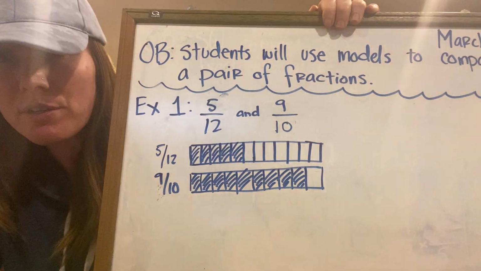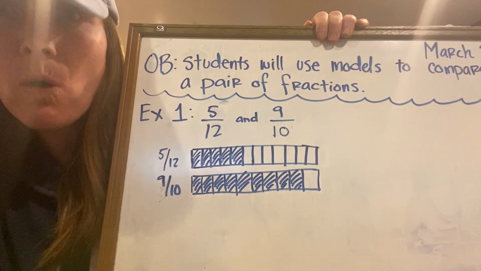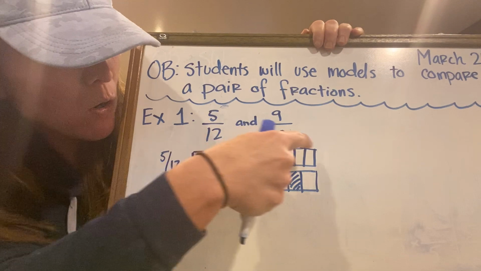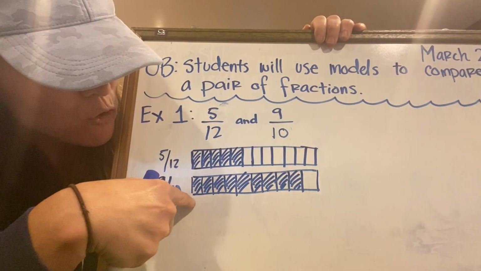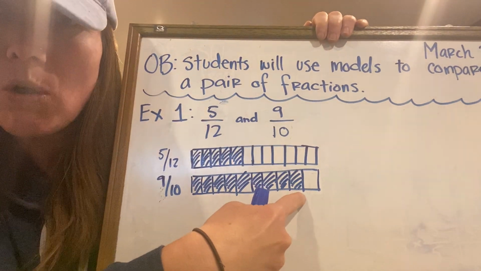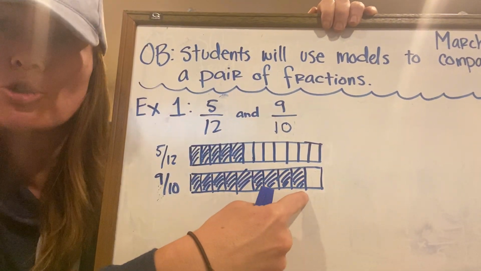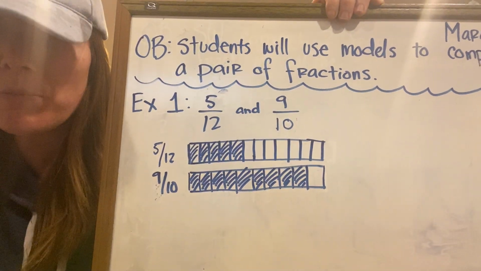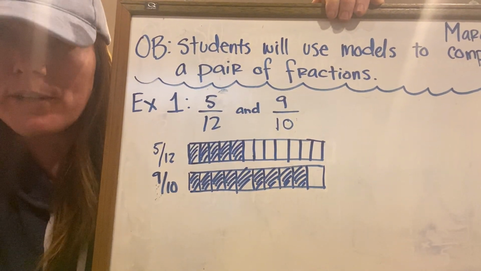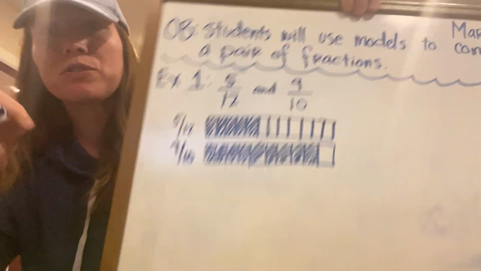Obviously out of a whole, only 5 parts are shaded in, but visually you can see out of the whole, 9/10 is greater. So 9/10 is a greater fraction because there are more parts of that whole shaded in. So this is what it's going to look like.